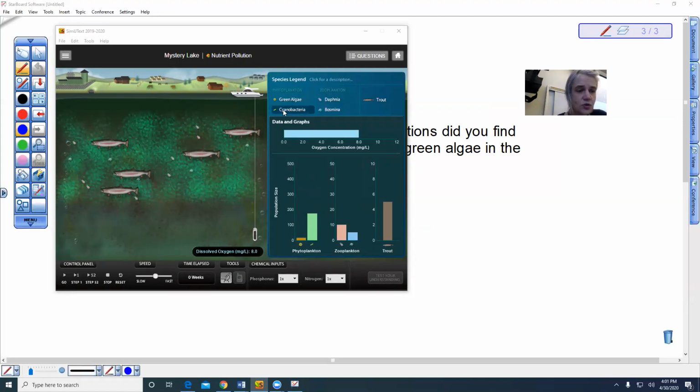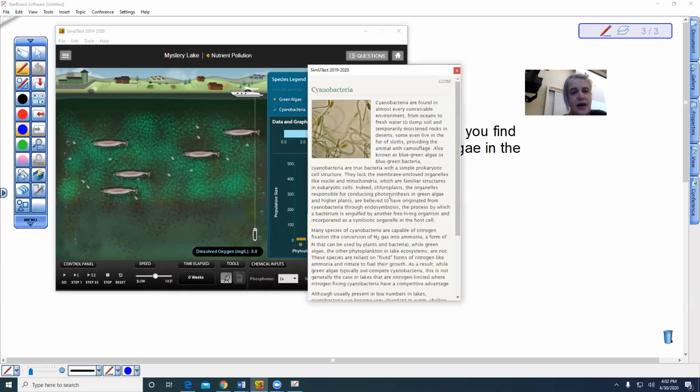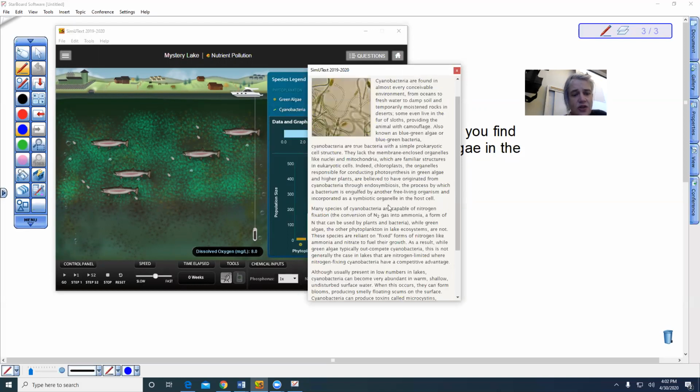And then I can go to the cyanobacteria. The important thing about these cyanobacteria is that they are actually nitrogen fixers, which means that they do not need to have nitrogen in the water from sewage in order to do well.